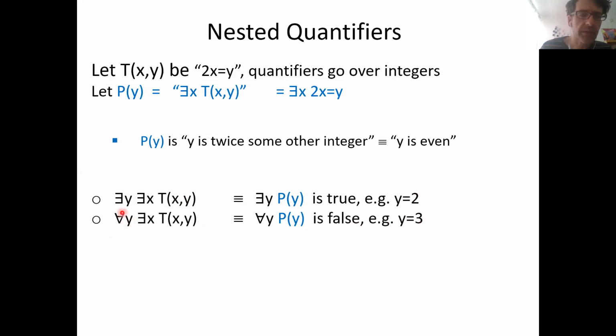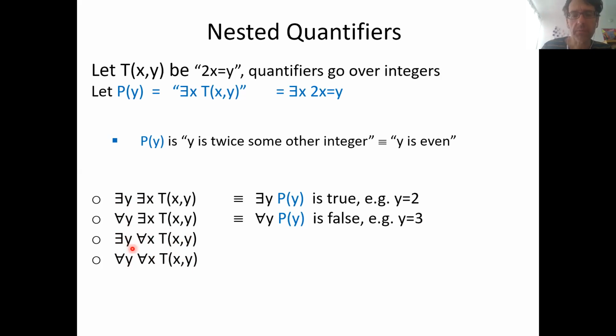But these are not the only nested quantified expressions possible here, right? For example, what if you do this? Instead of for all y there exists x, you do there exists a y such that for all x, or for all y, for all x. How do I deal with these? Well, the same way.